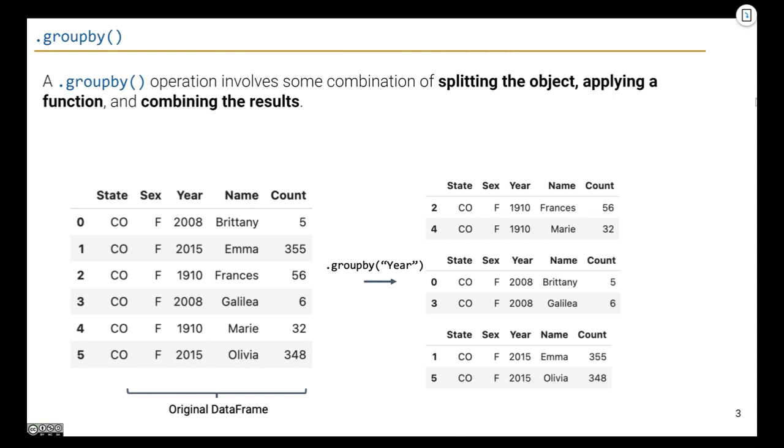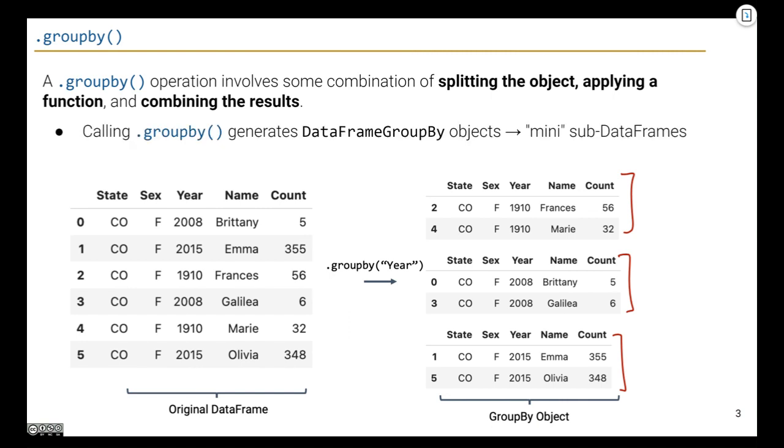And so what you get here is a sub-data frame with the year 1910, a sub-data frame with the year 2008, and a sub-data frame with the year 2015. Calling this is generating these data frame group by objects, but in reality, we don't get to see them. So if you try just calling baby names temp.groupby year, it's just going to tell you it's a data frame group by object. It won't give you visibility into it.